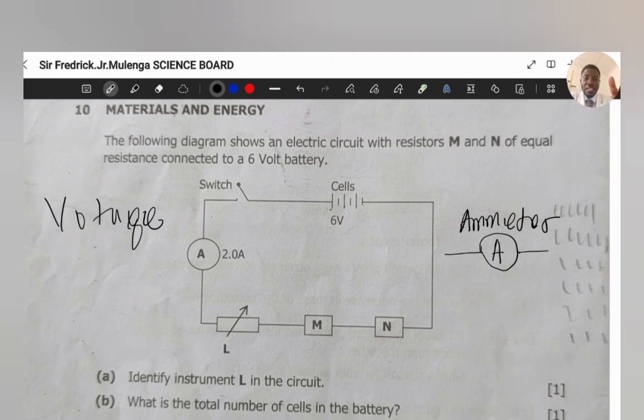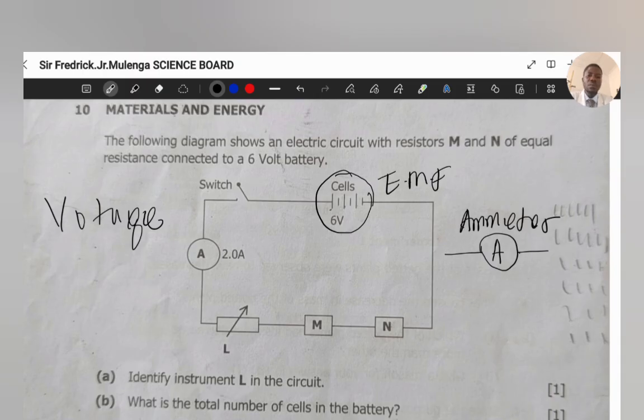The voltage that is supplied by the battery, for example what you are seeing here on this diagram, we have 6 volts. This voltage is called EMF, or electromotive force, abbreviated as EMF. It is voltage, but to make it different from other voltages, we call it electromotive force.